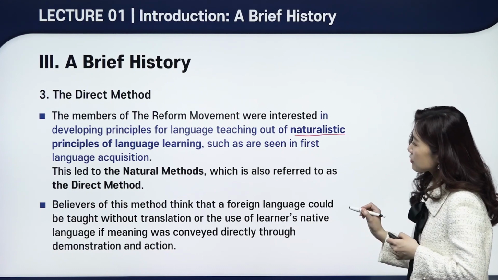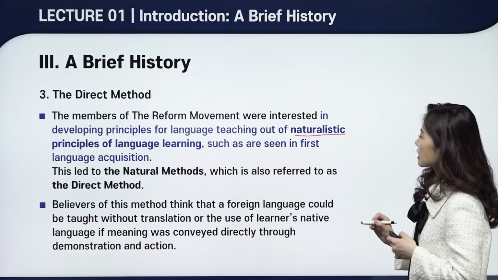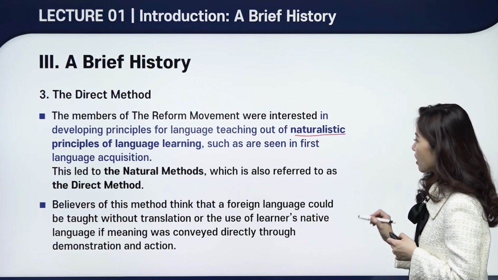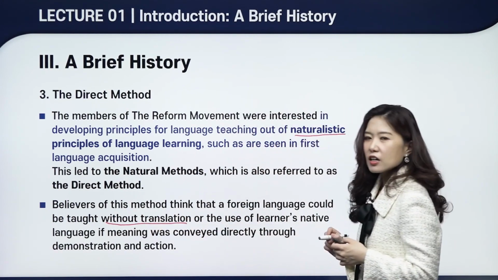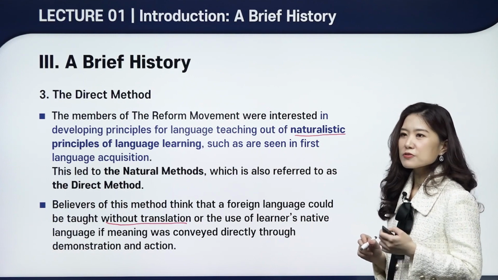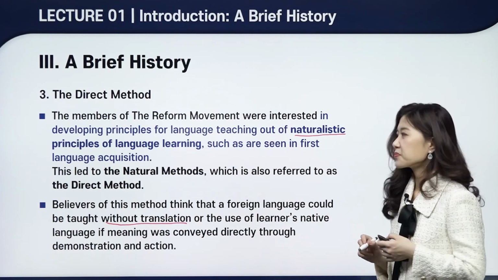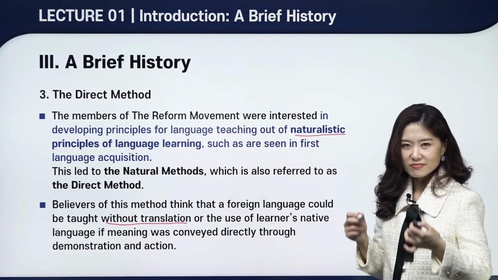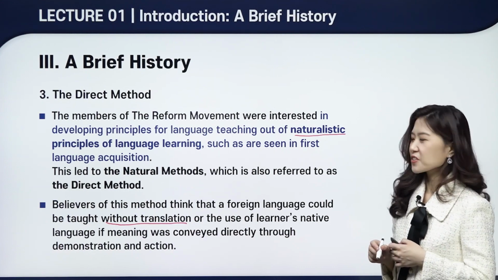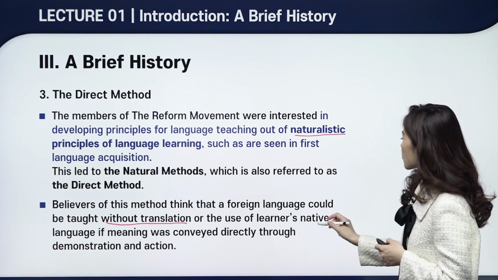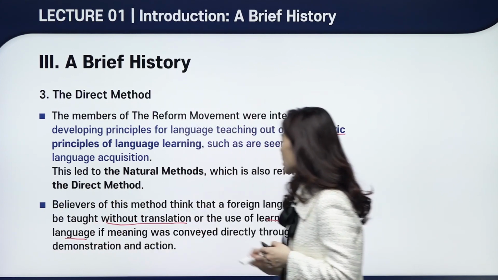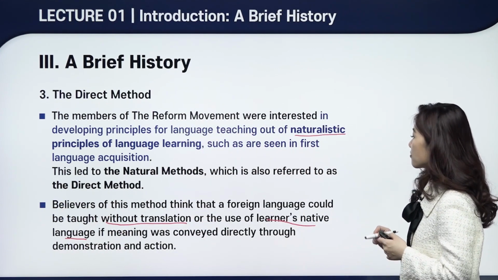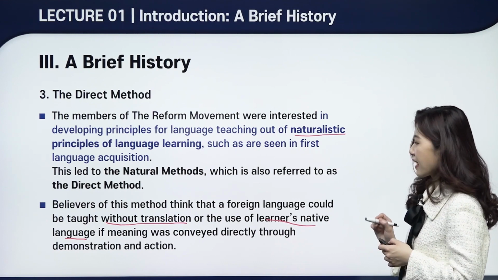Believers of this method, the direct method, think that a foreign language could be taught without translation. So it's very obvious that there are a lot of critics who oppose the grammar translation method, right? Or the use of the learner's native language if meaning was conveyed directly through demonstration and action.